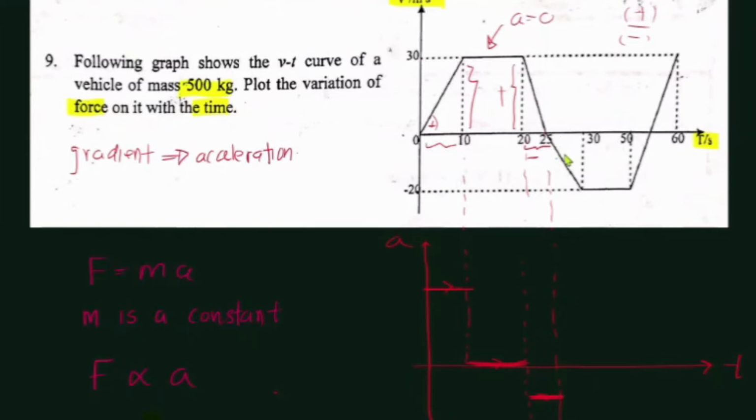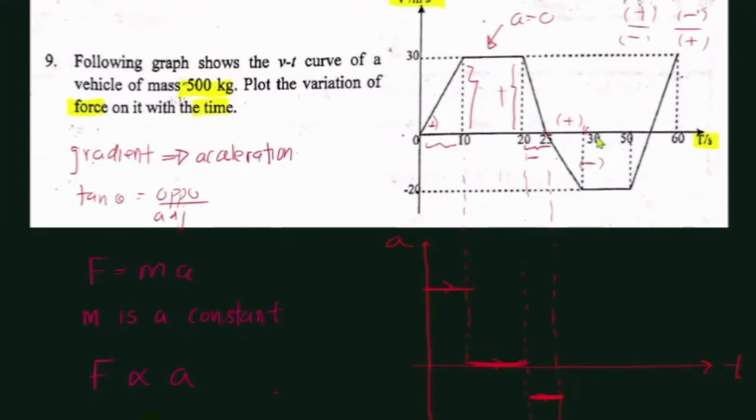And then what about this next part? If you see this gradient, the opposite side is negative and the adjacent side is positive, 30 minus 25. Gradient is tan theta, which is opposite over adjacent.